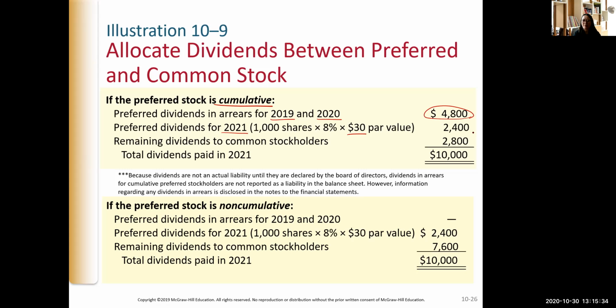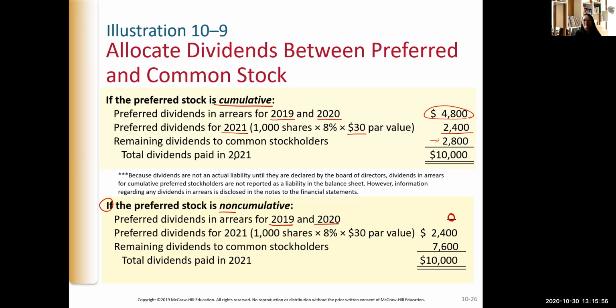So that's going to be 2,400, and the remaining dividend to the common holders is going to be 2,800. If the preferred dividend is non-cumulative, that means if you didn't pay the last 2 years, you don't need to pay this year.